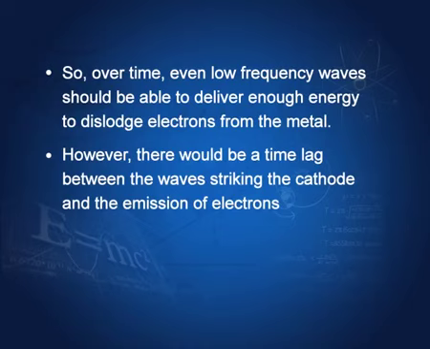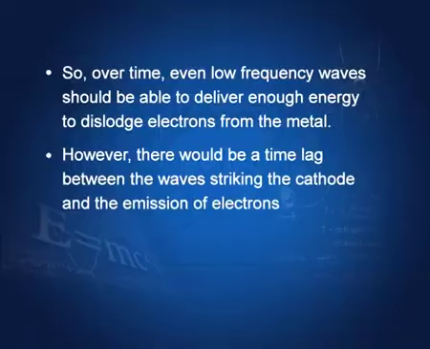Second, over time even low frequency waves should be able to deliver enough energy to dislodge electrons from the metal, but we have seen that low energy waves cannot emit electrons. However, there would be a time lag between the waves striking the cathode and the emission of electrons. This is contrary to observations.